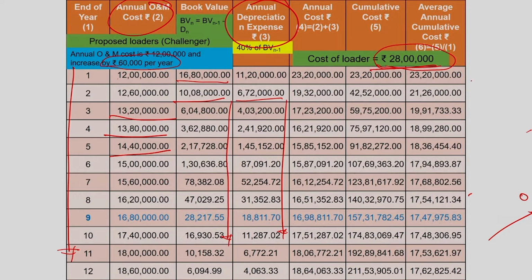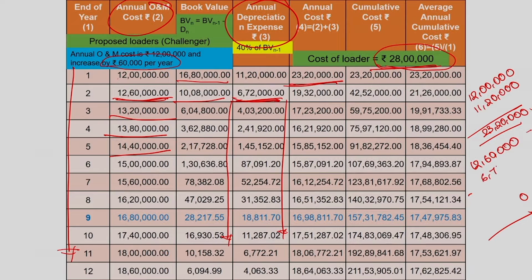Your operating and maintenance cost for the first year is 12 lakh and your depreciation for the first year is 11,20,000. So, your annual cost will be 23,20,000.